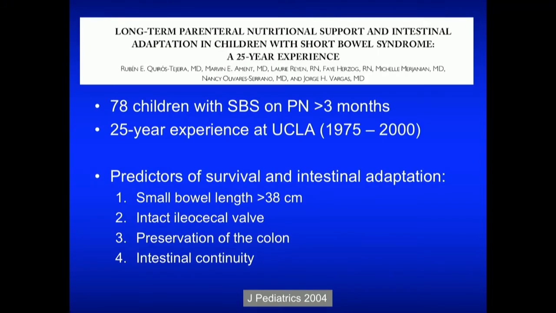What we found in this analysis was that the favorable predictors of survival and intestinal adaptation included longer small bowel length, and the cutoff that they found in this particular study was 38 centimeters. The presence of the ileocecal valve, which is the valve present right at the junction between the small bowel and the colon. Preservation of the colon is also a favorable predictor, as well as intestinal continuity. And what we mean by that is using every segment of the intestine that you have and taking down any ostomies that somebody may have.